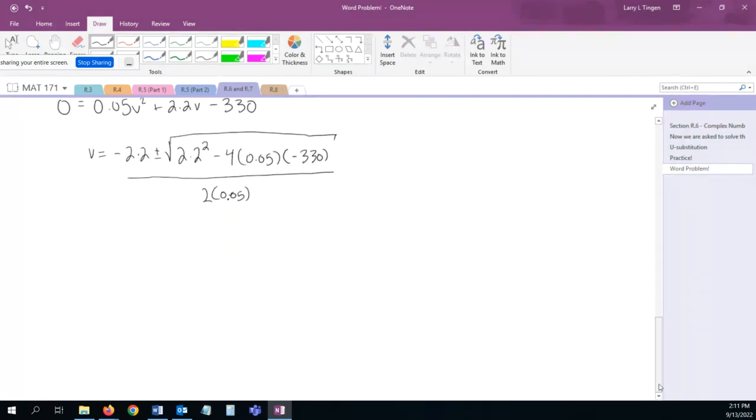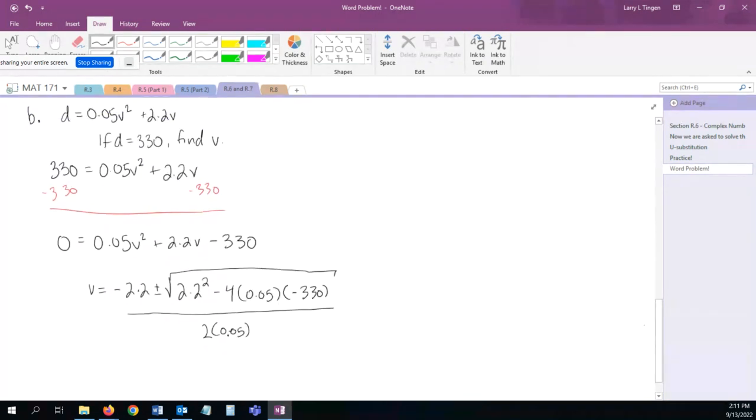All right. So not only do we not have to worry about the discriminant, take a look, it's going to be positive. I've got 2.2 squared minus the product of 4 times a times c, which is going to give me a negative number. So I've got something minus a negative something. That's going to come out positive. That means I'm going to get 2 real solutions.